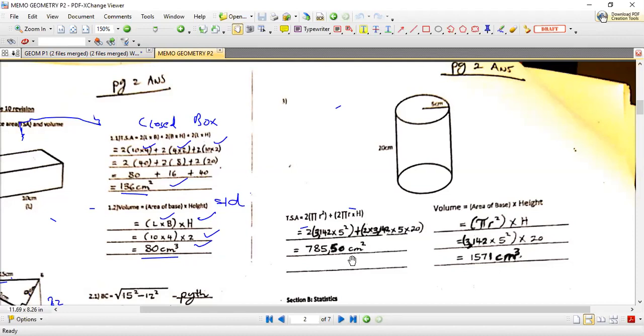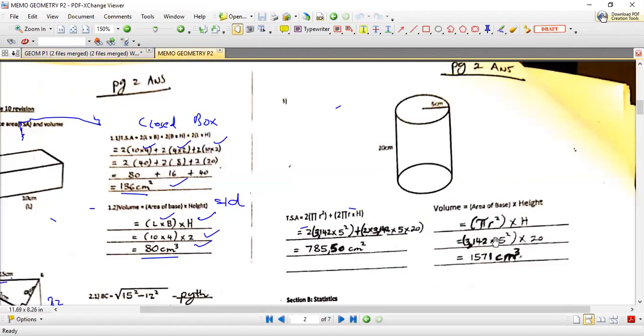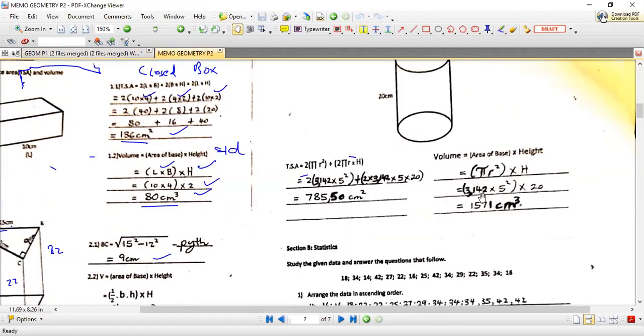Okay, and in this example, the base is circular, and so the area of base will be pi r squared times capital letter H. So we would see that it is 3,142 times 5 squared times 20, which is 1,571 centimeter cubed.